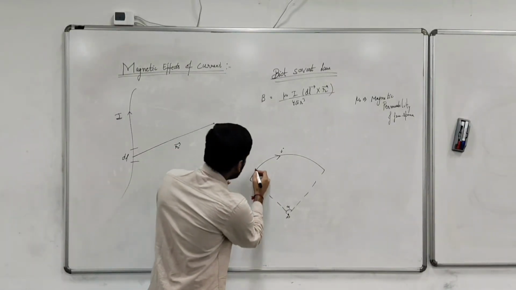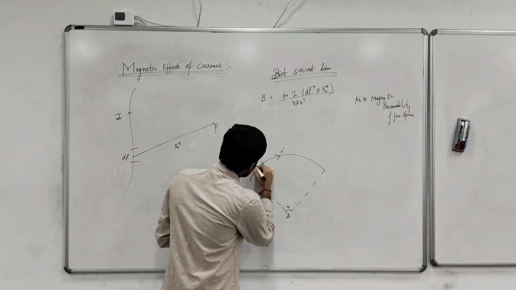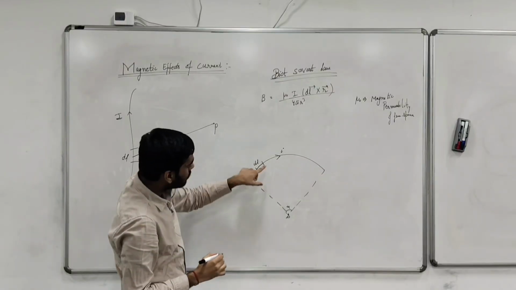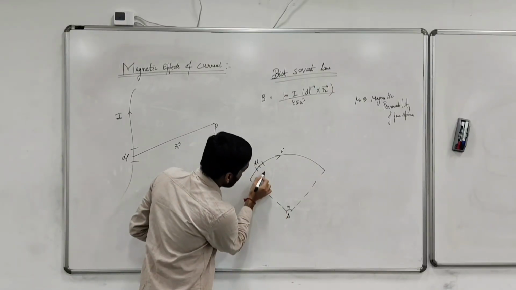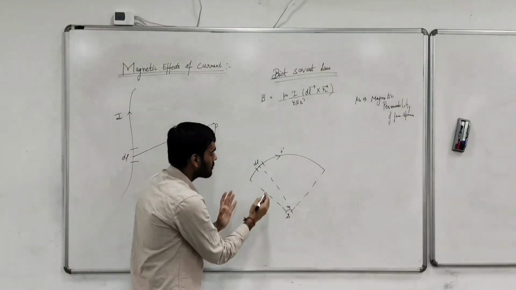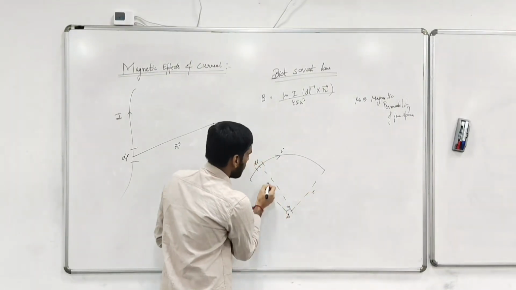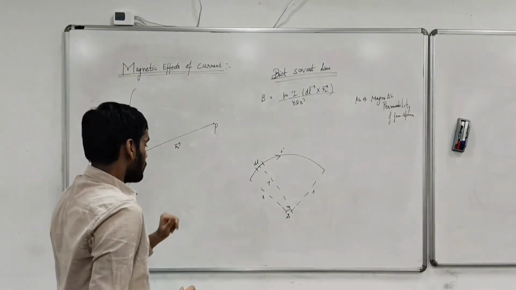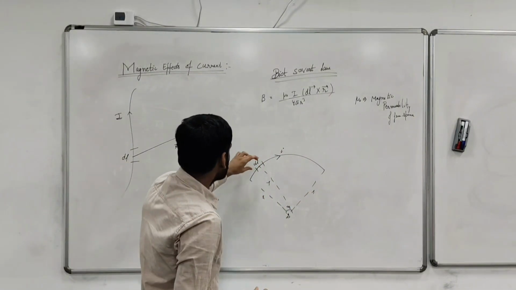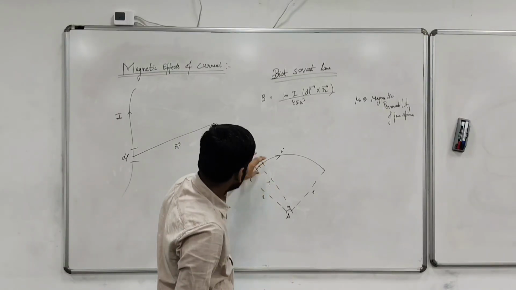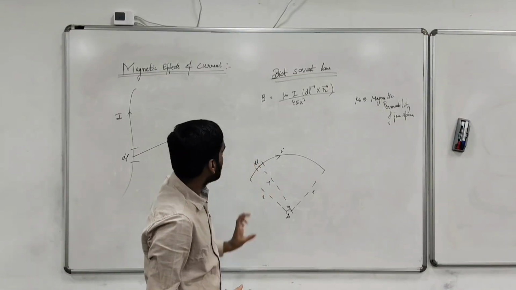You have to take a small dl element here and calculate the magnetic field due to this element at this point P. Obviously, it is an arc, so it's R.